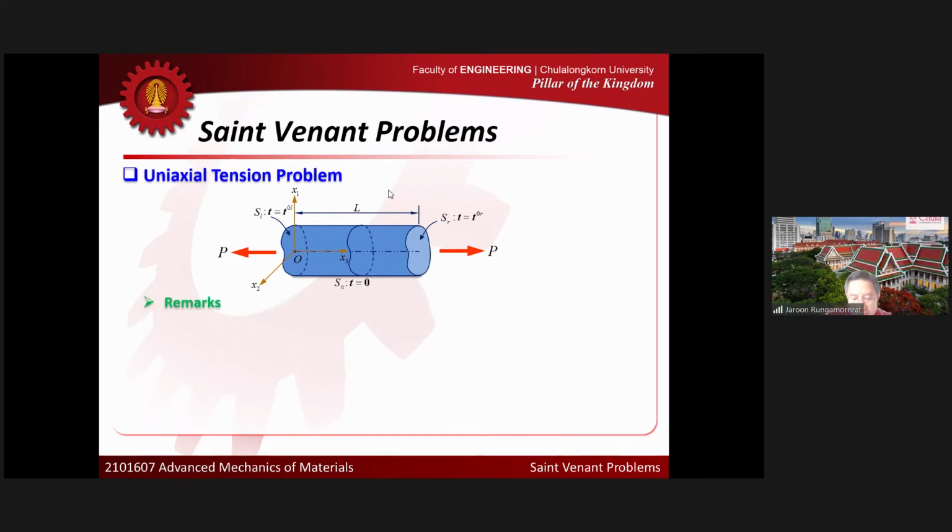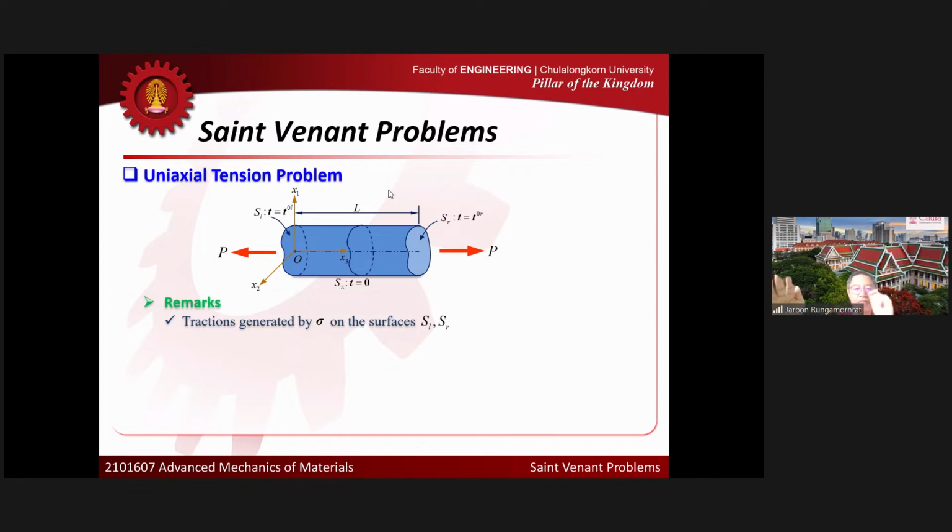I have a remark here. If we look at the traction generated by the stress that we got before, if we would like to know what kind of traction we have to apply at both ends, the stress field that we got here is the exact solution at every point.